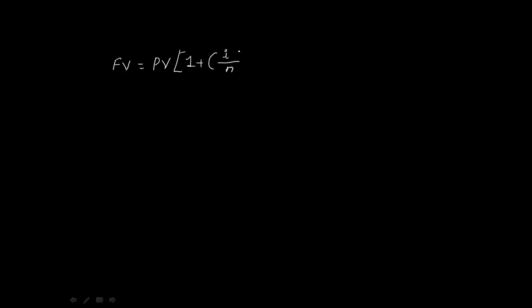N is meant for how many times we are going to compound. So in a year, 4 quarters are there, so n represents 4. Again, complete the whole bracket raised to n into t. So this is the formula.